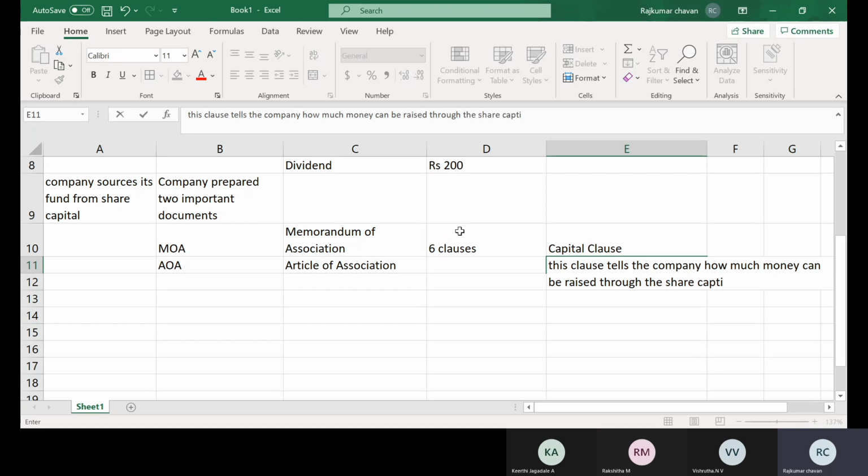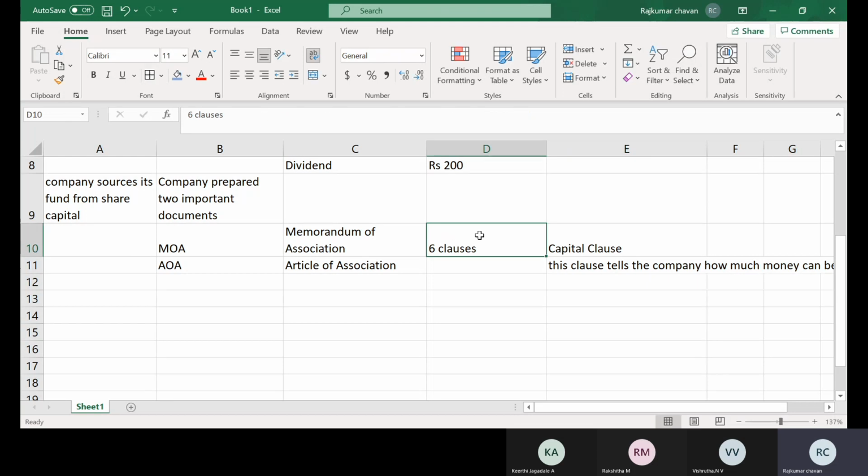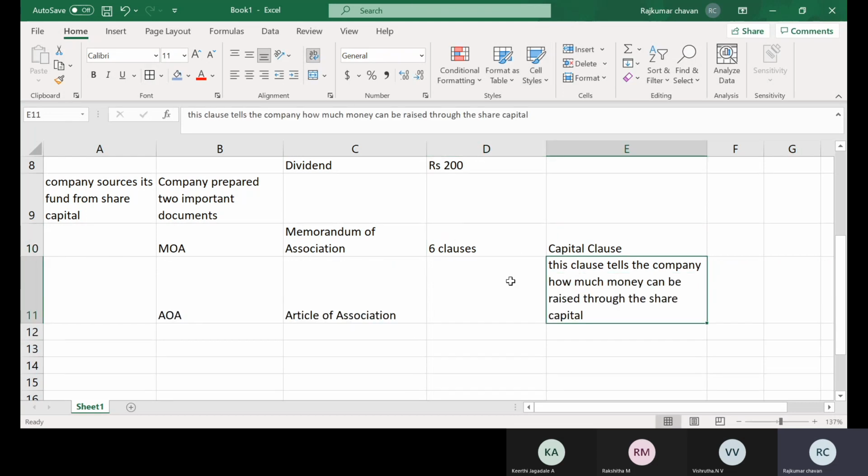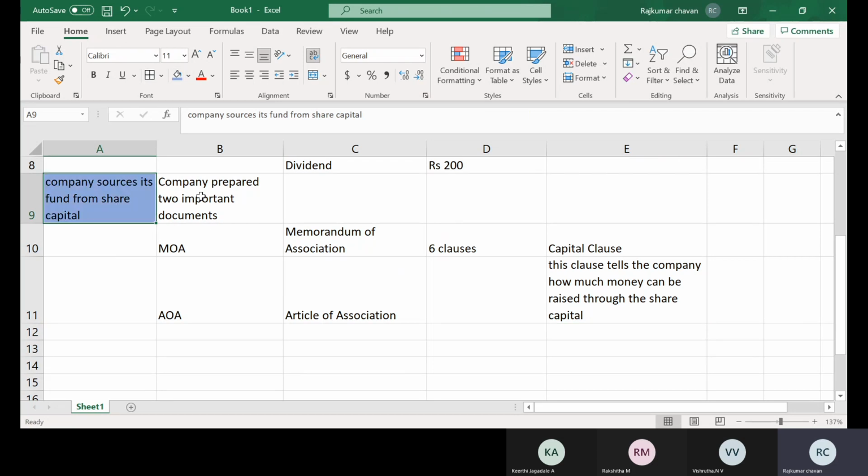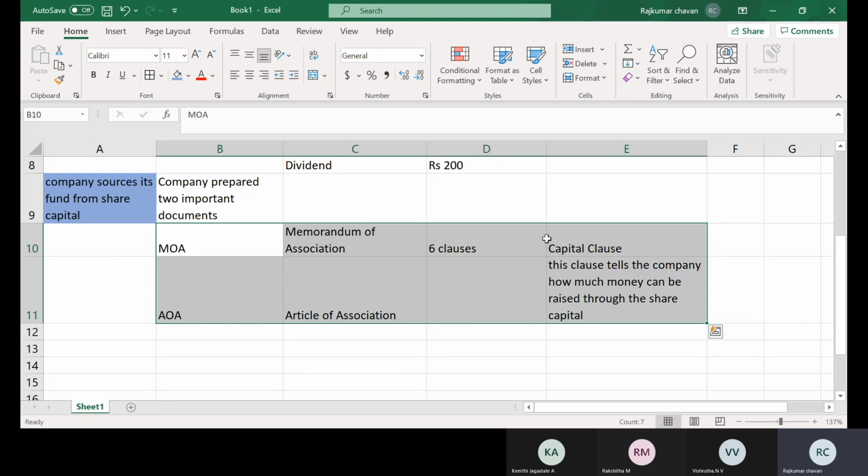We have already studied this capital clause. I am not going into much detail, but try to understand how the company decided to source its money from share capital. Who has given the permission to raise the money from share capital? It is the Memorandum of Association.